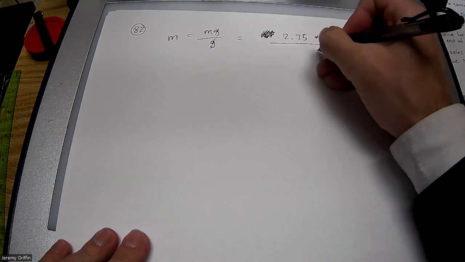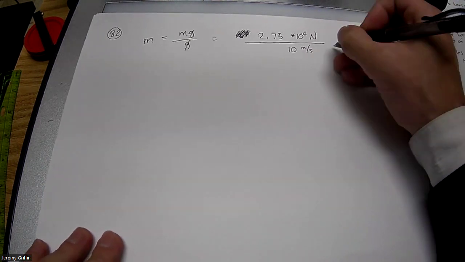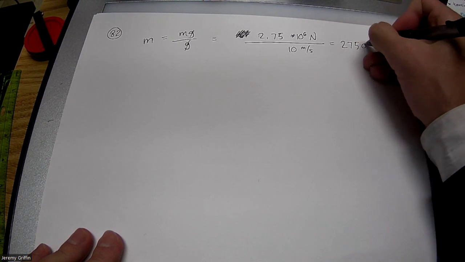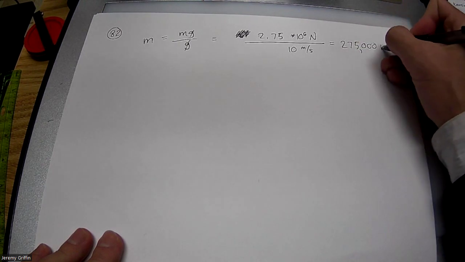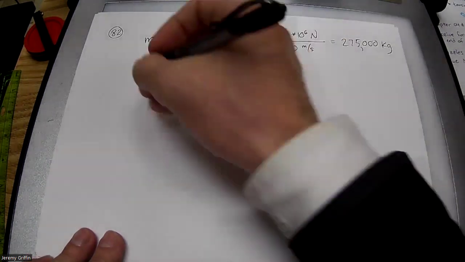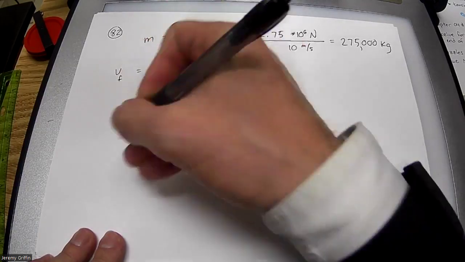Divide by the gravity field of the plane. I'm going to round it to 10 meters per second squared. Is that right? Okay. That could be the mass of the plane. Could that be 275,000 kilograms mass? Just like that? Is it? Okay.